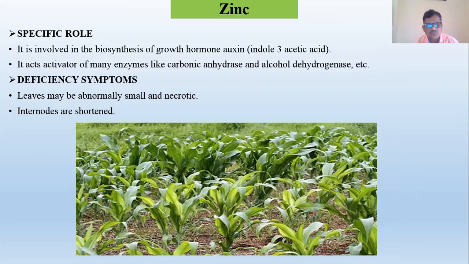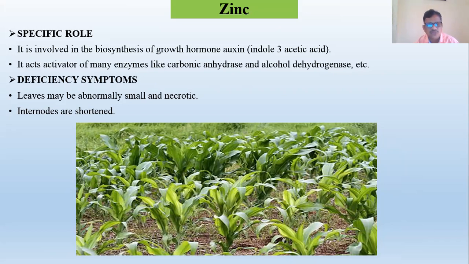So this is how all the metabolic activities and enzymes depend on these particular elements. That's why all the micro elements, which are required in very trace amounts, have a much more important role compared to the macro elements.